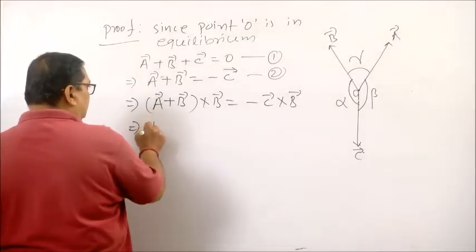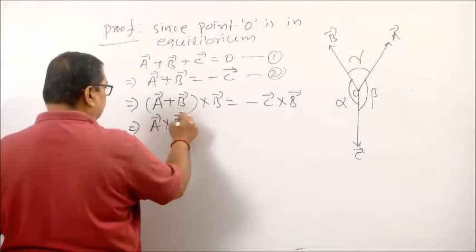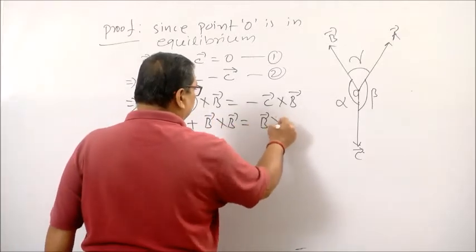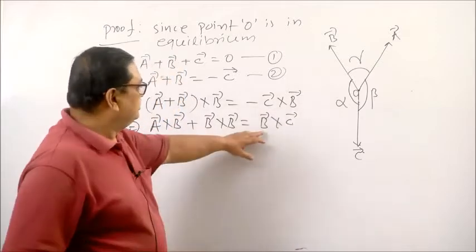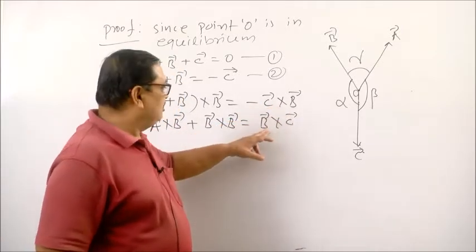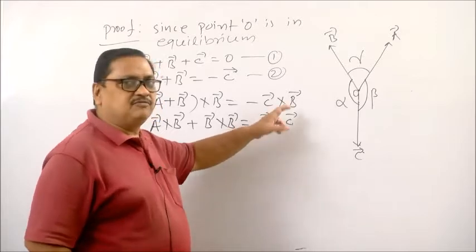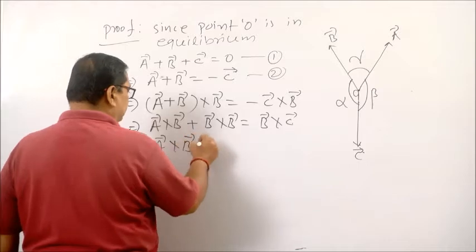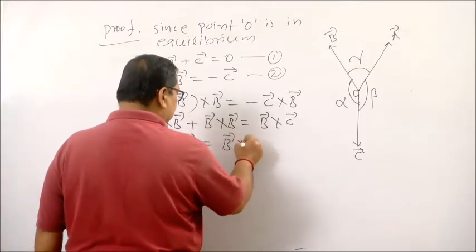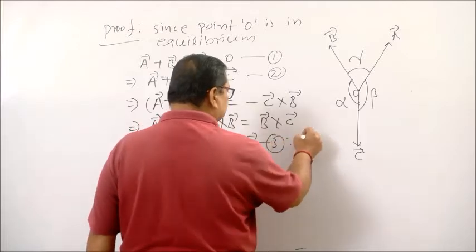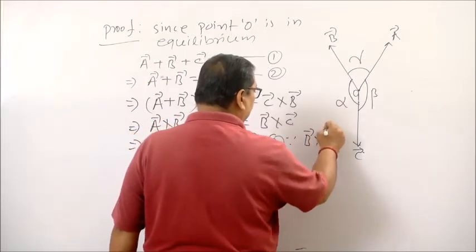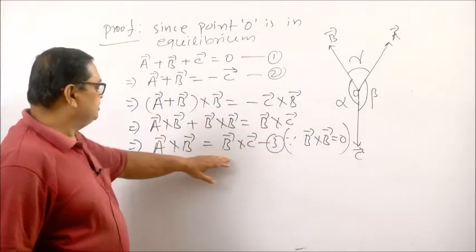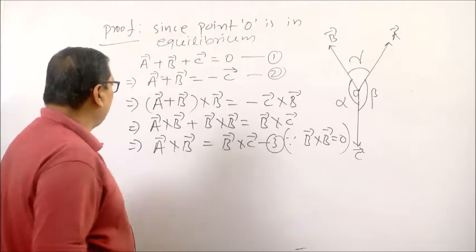So A cross B plus B cross B equals minus C cross B. I can write minus C cross B equal to vector B cross C, because A cross B equals minus of B cross A. Since the cross product of equal vectors is 0, as we have already discussed and proved, A cross B equals B cross C. This is equation 3.